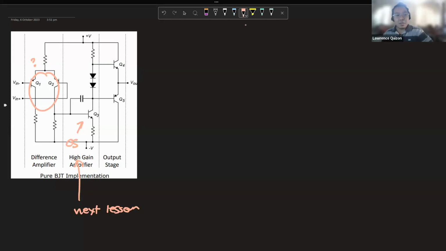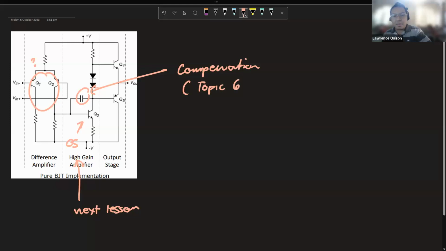And this one, the capacitor, the reason why there's a capacitor there is called compensation, which is, ayan ko yung ulit, that's 3, 4, 5, 6. So, topic 6. All right. So, with that, that's what a typical op-amp looks like.